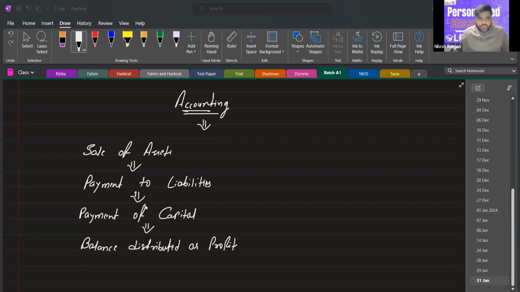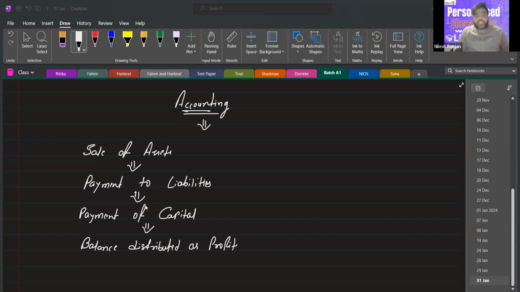Then what will we do? The partnership will bring in money. Partners will bring in money from where? From their personal assets.